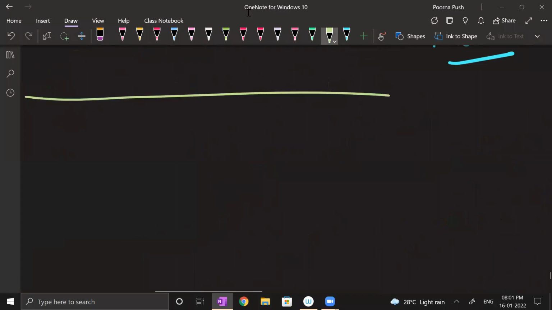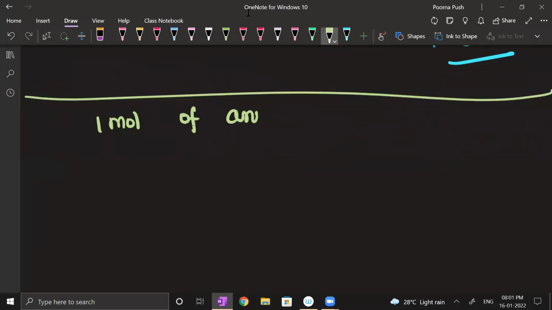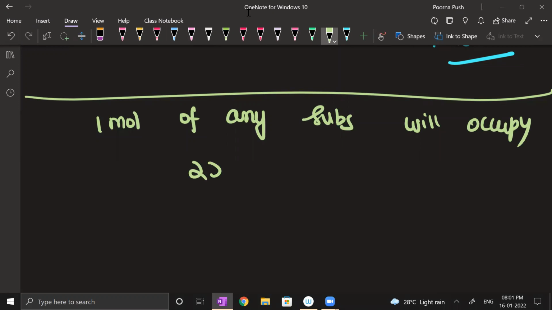Very good. 1 mole of any substance will occupy 22.4 liters at STP. What does STP mean? Standard temperature and pressure. So 1 mole of any substance will occupy 22.4 liters at STP.